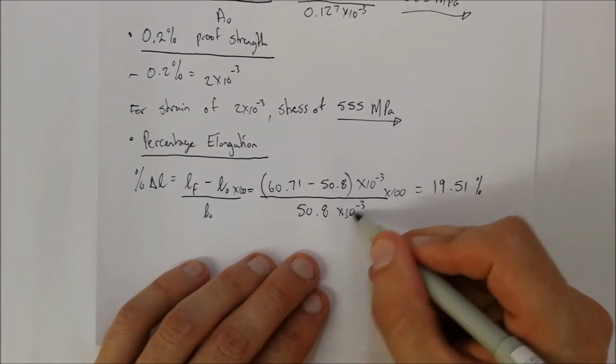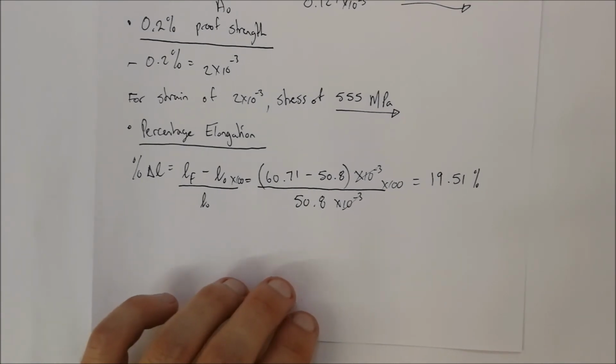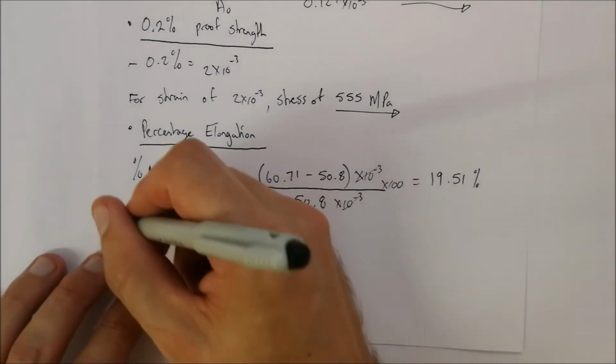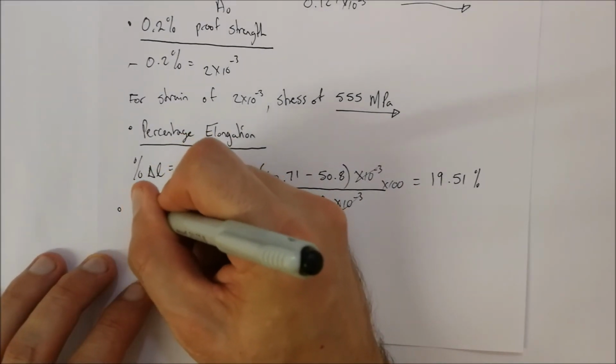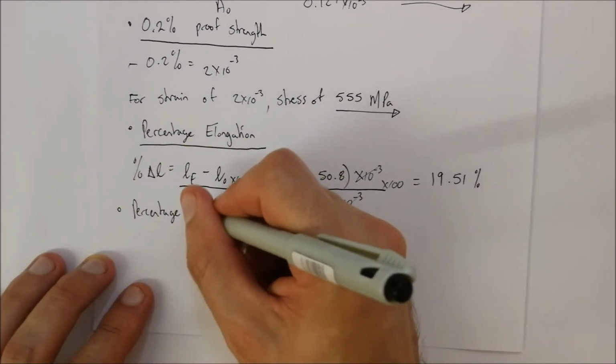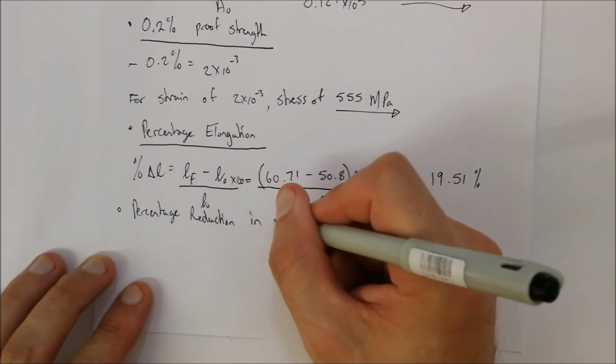Remember this times 10 to the minus 3 over there will cancel out with each other if you wish to do so. And then finally you've got to calculate the percentage reduction in area.